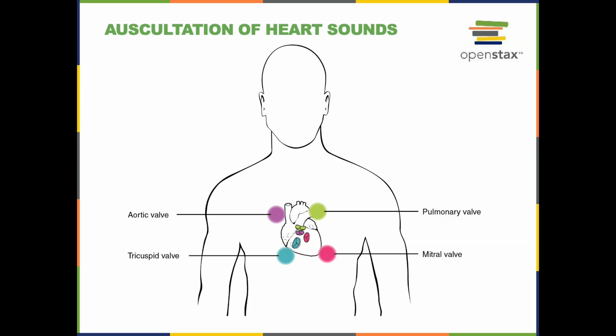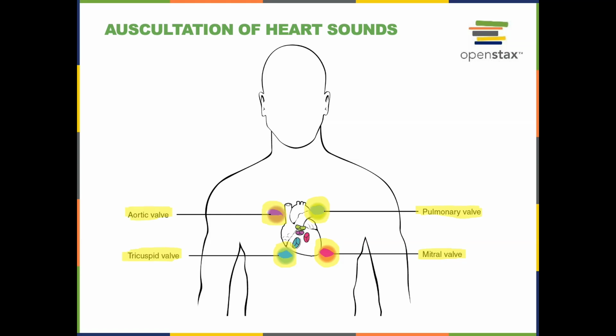When listening to the heart sounds, the placement of the stethoscope will determine the relative volume of the sound coming from individual heart valves. The bell of the stethoscope on the left fifth intercostal space at midpoint of the clavicle near the apex of the heart allows us to hear the sounds coming from the mitral valve most loudly.